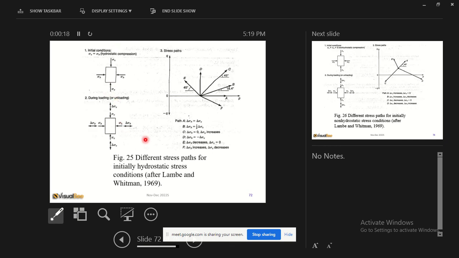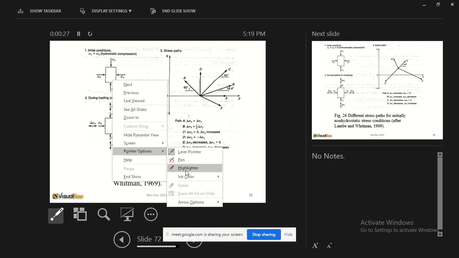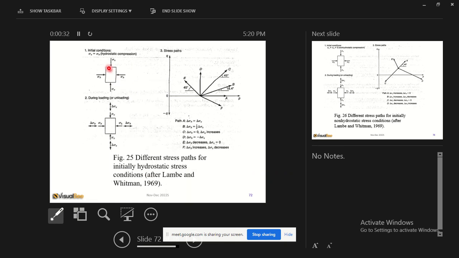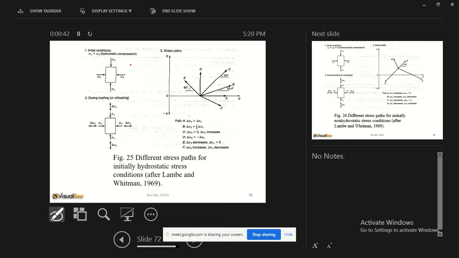Sometimes you can start from a hydrostatic condition. For example, when you start from a point of equal stress, this is an isotropic stress. So sigma 3 and sigma 3 are the same.